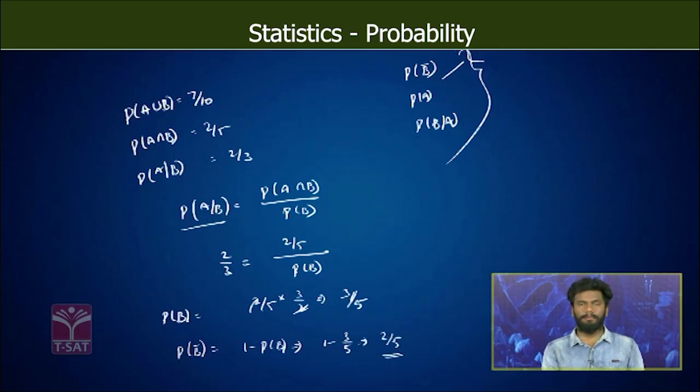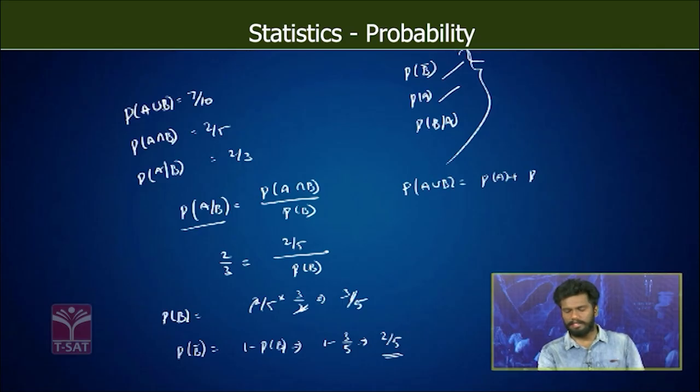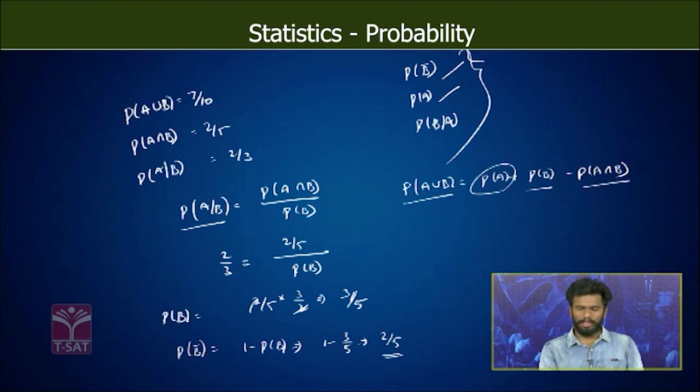Now probability of A. So directly apply the addition theorem of probability. Probability of A union B is equal to probability of A plus probability of B minus probability of A intersection B. We know the probability of A union B, we know the probability of B, and also we know probability of A intersection B. We can get probability of A from this equation.